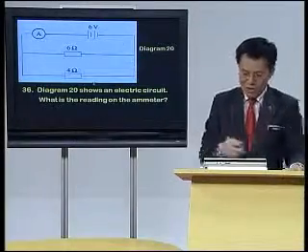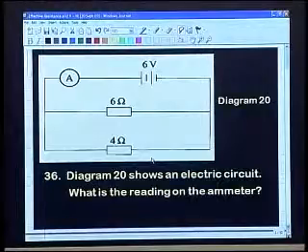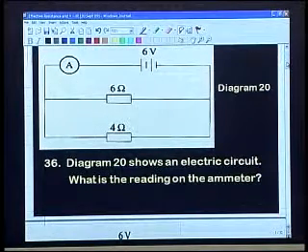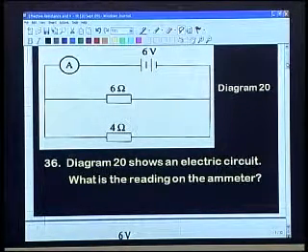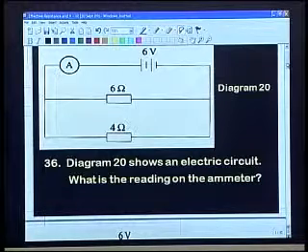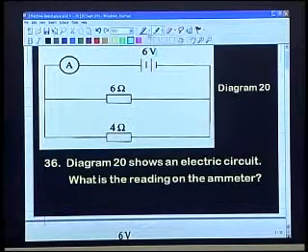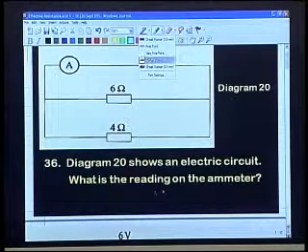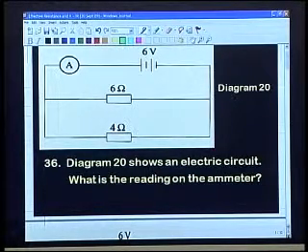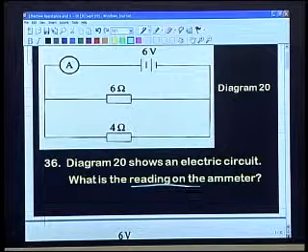Alright, we have to do a lot of writing to understand a question like this. So number one, we have to ask first the question: what is meant by the reading on the ammeter?